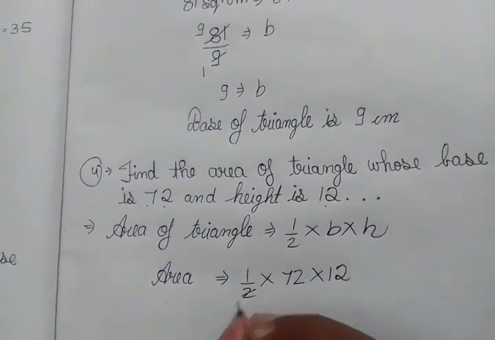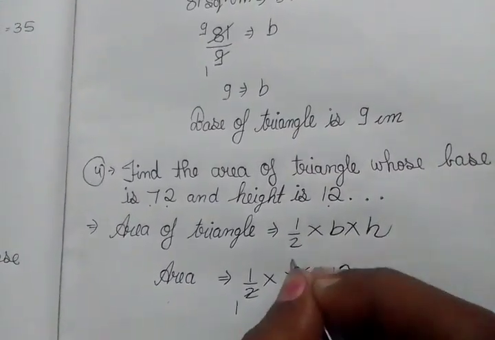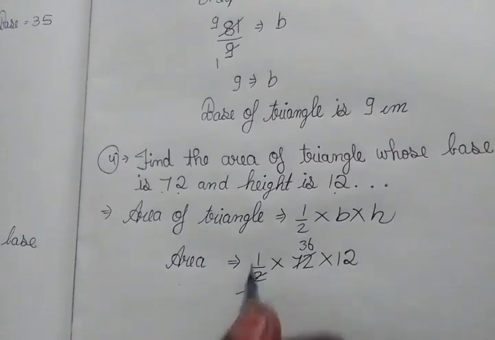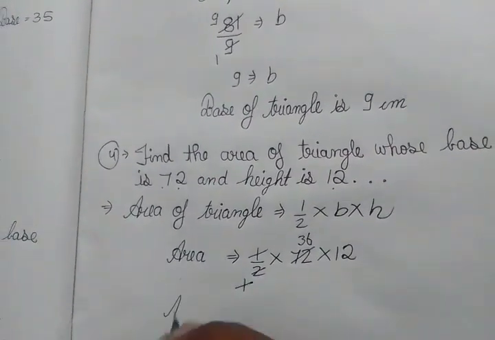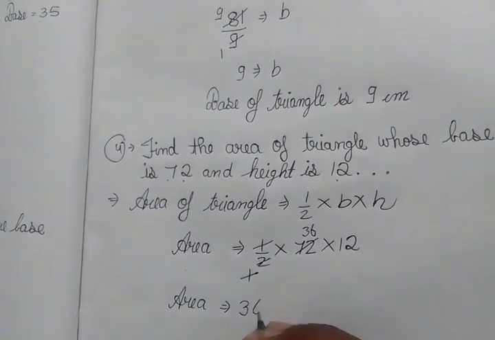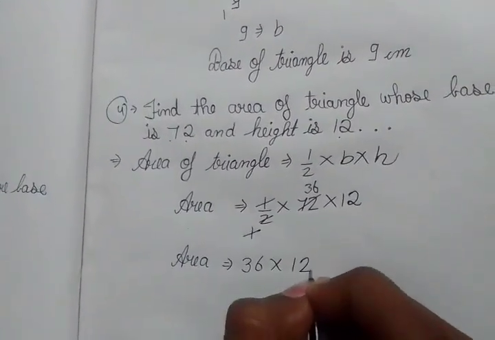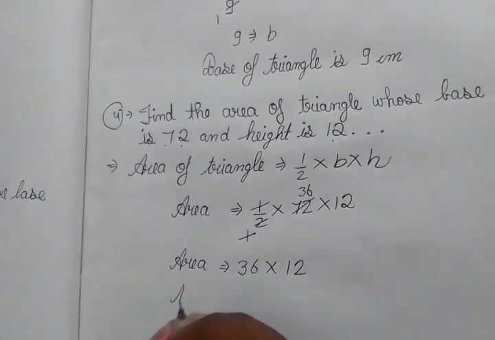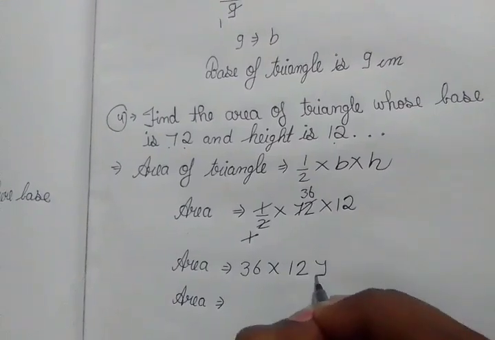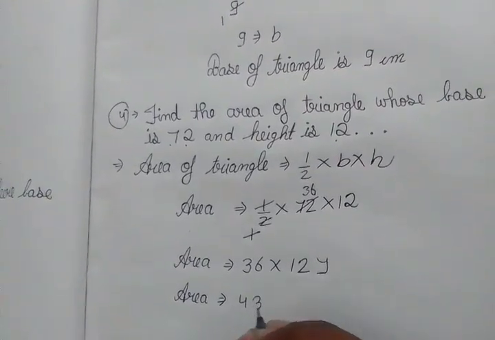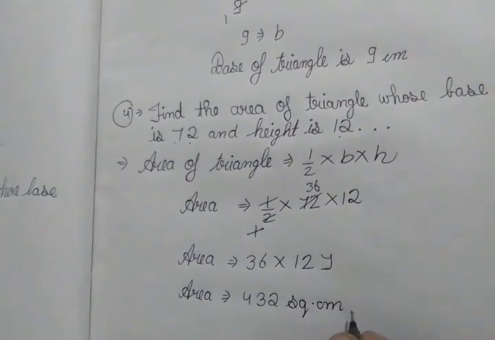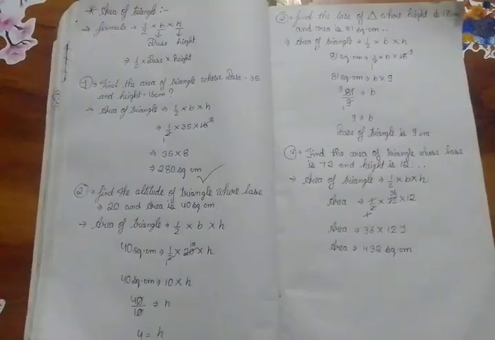So 2 1s are 2 and 2 36 is 72. So now 1 and 1 will be cut. So the area will be 36 into 12. So the area will be, we will multiply this, so the answer will be 432 square centimeter.